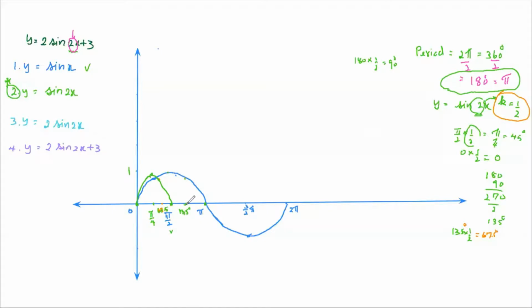So this is a midpoint. The minimum point should be at the same level, at -1, same with 3 pi over 2 or 270 degrees. So then you move this one down.